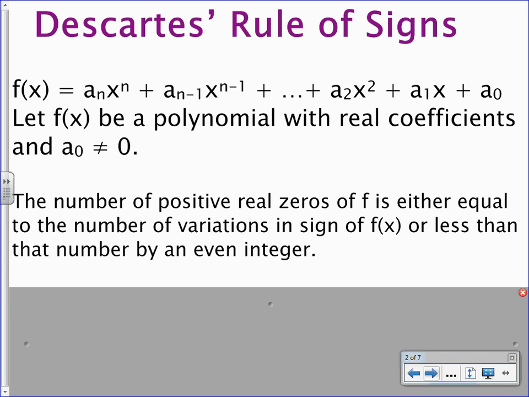So the number of positive real zeros of our polynomial is equal to the number of sign variations of f of x, or less than that by an even integer. I'm going to let you write that down, and then we're going to dissect what that means.